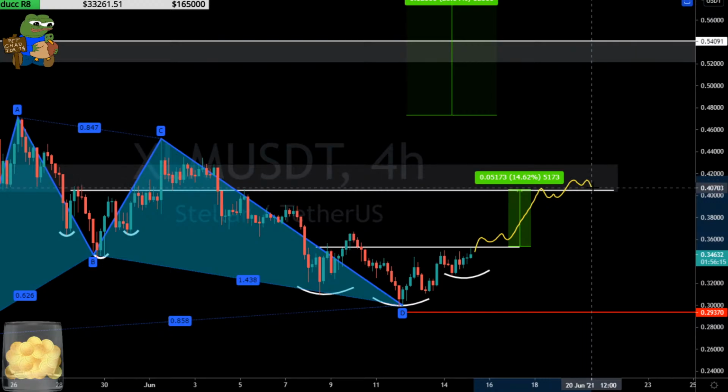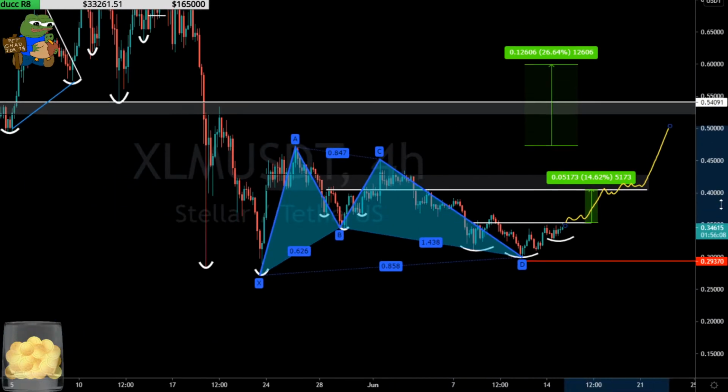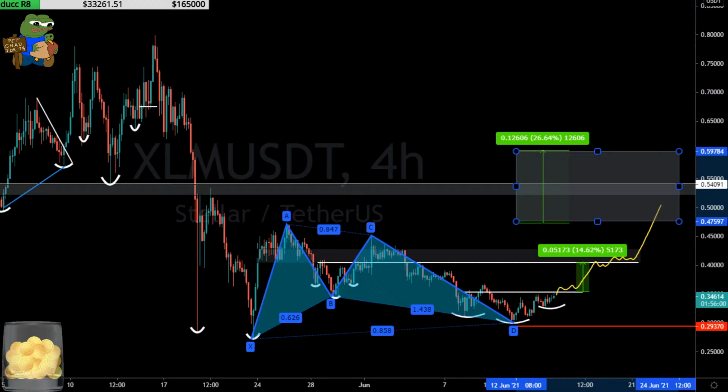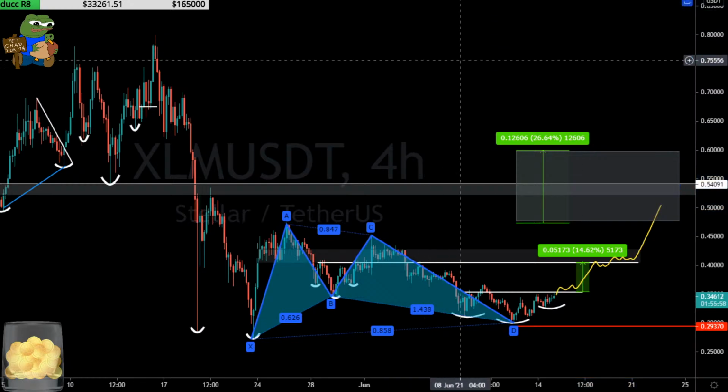If we can get above 40 cents, we could find ourselves up in this 50 cents golden retrace area, where, zooming out, you see that we have that area as a targeted ultimate zone. We'd want to see price end up around 50 cents again on lumens, XLM.